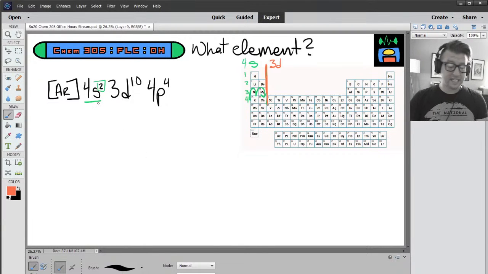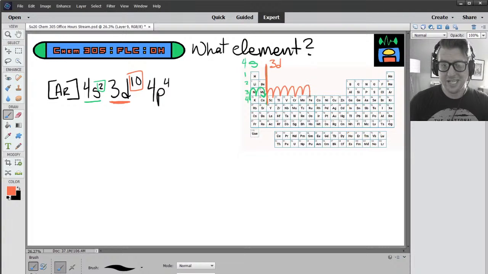I can totally do it now as well, but I'm keeping things brief in the interest of solving the problem. So we are moving into the 3d subshell, and we're going to go 10 spaces in. So this is 1, 2, 3, 4, 5, 6, 7, 8, 9, 10, 3d10.